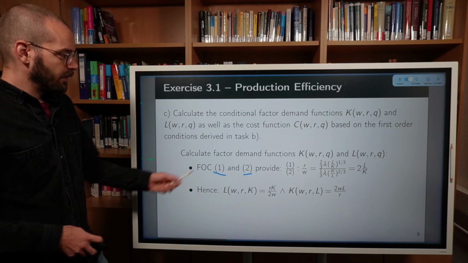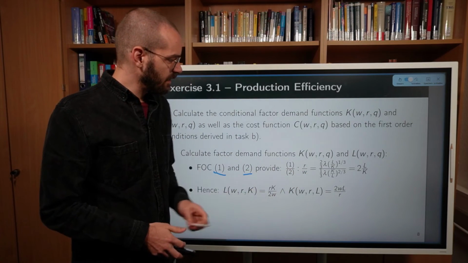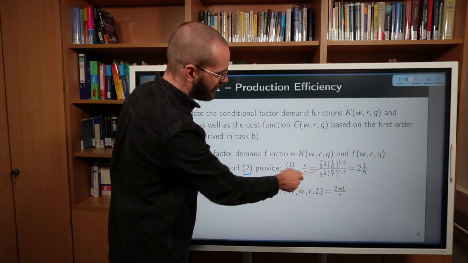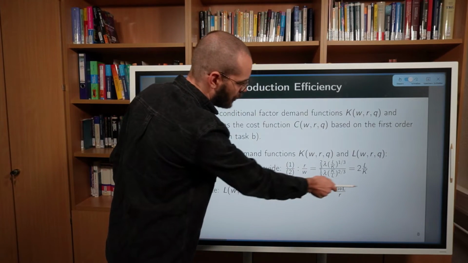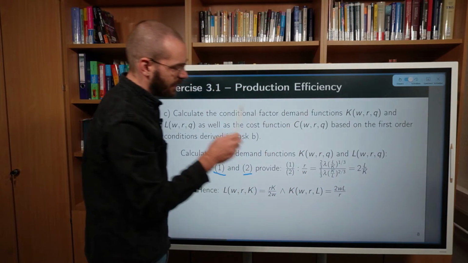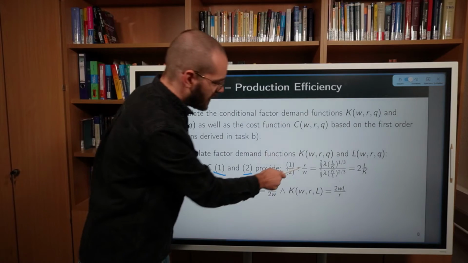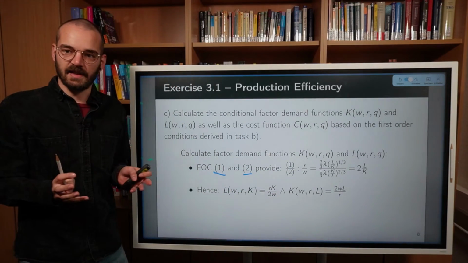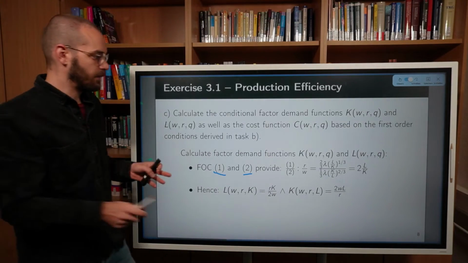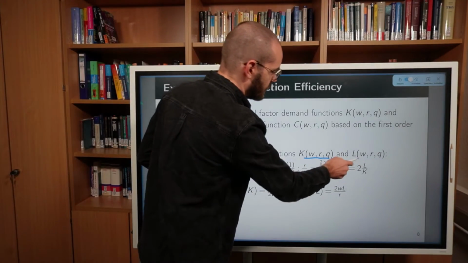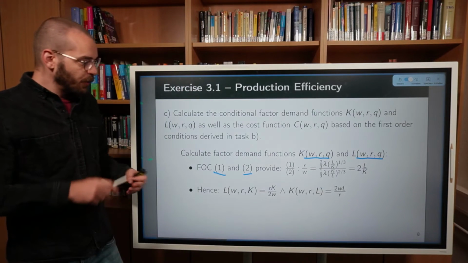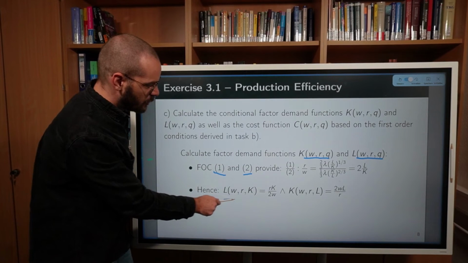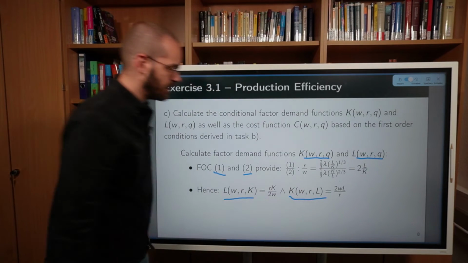We can immediately see that within this expression we have L, K, W and R, and lambda of course, all within one single expression. So this is the first step of yielding these expressions. We can then rearrange this expression and get these two intermediate results.